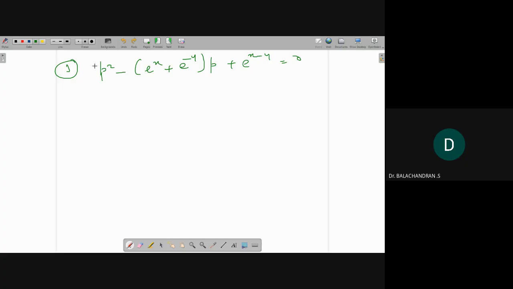Please write. The answer for this problem is y minus e power x minus c, into e power y minus x minus c, equal to 0.